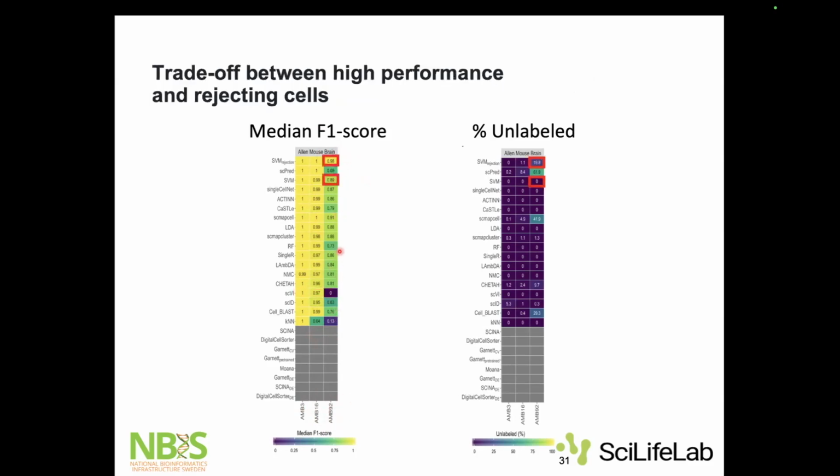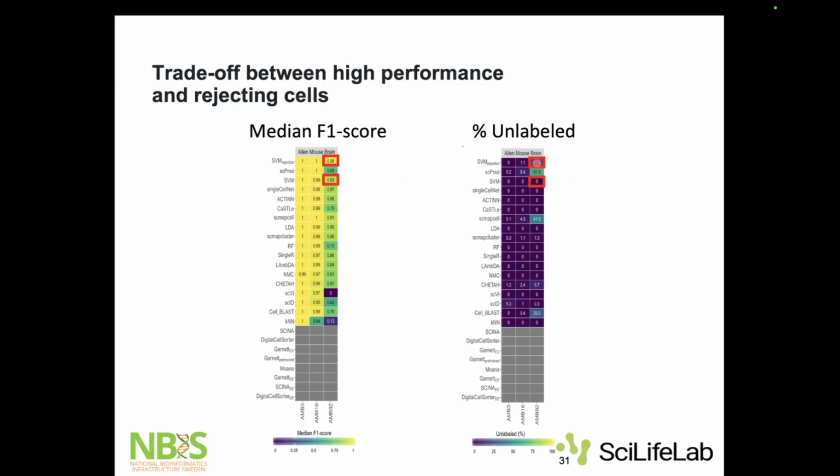But one of the things to keep in mind is that performance, the F1 score, is not the only thing that you need to look at. For example, for SVM rejection here, we will see that it has 0.98. It's almost 98% labeled correctly. But then we also see that 20% are unlabeled. So we need to look at the F1 score and the unlabeled ones.